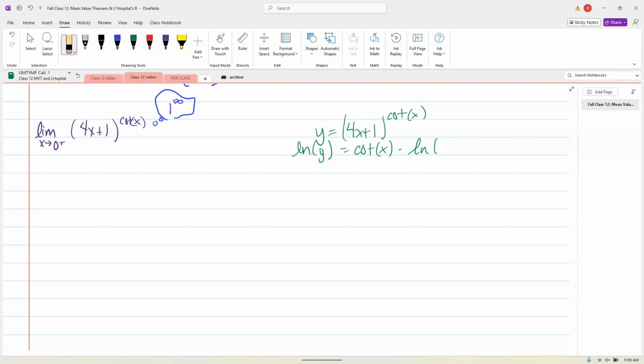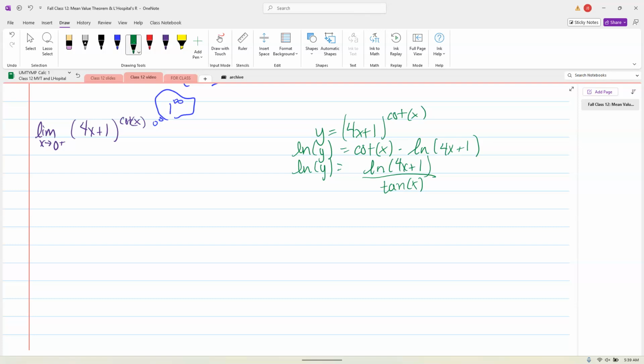Okay, and then it would be really nice if I could make this into a quotient, right? So then natural log of y is equal to natural log of 4x plus 1, and then, if I do the reciprocal of tangent, cotangent, that's tangent, right? So I could do that.